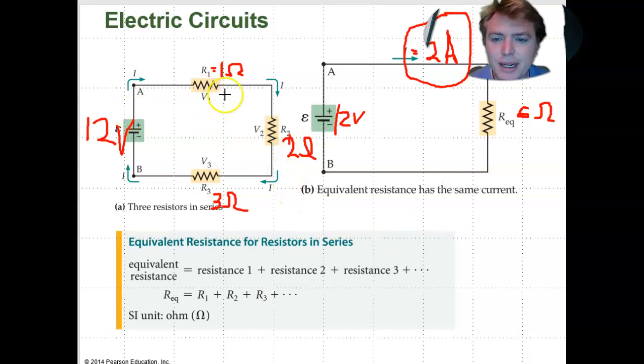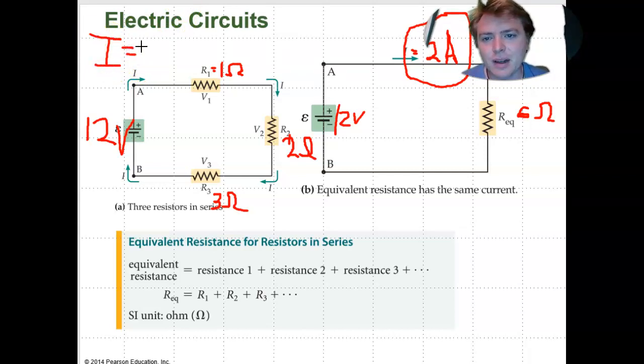So we can go back over here, and now that we know that our current is 2 amps, we can actually calculate the voltage across each of these by multiplying that current. So here the voltage across this resistor is 1 ohm times 2 amps.